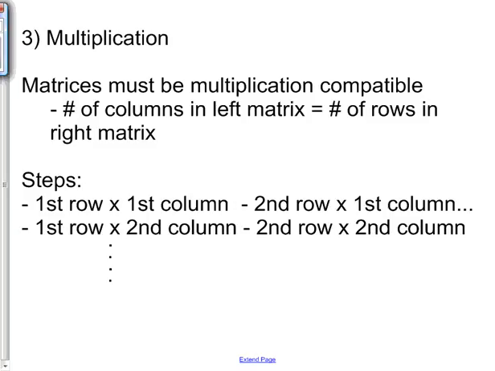So if you're given a question and the first matrix is a 2 by 3, and you want to multiply that by a 3 by 1 matrix, the thing we want to look for here is the 2 middle numbers.